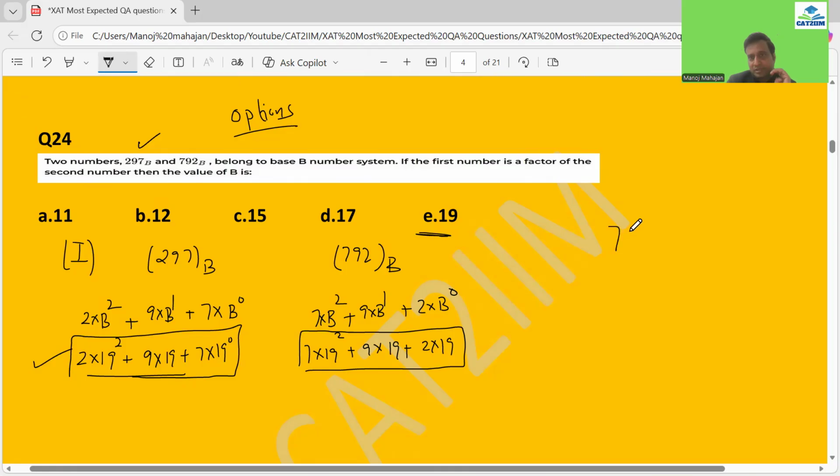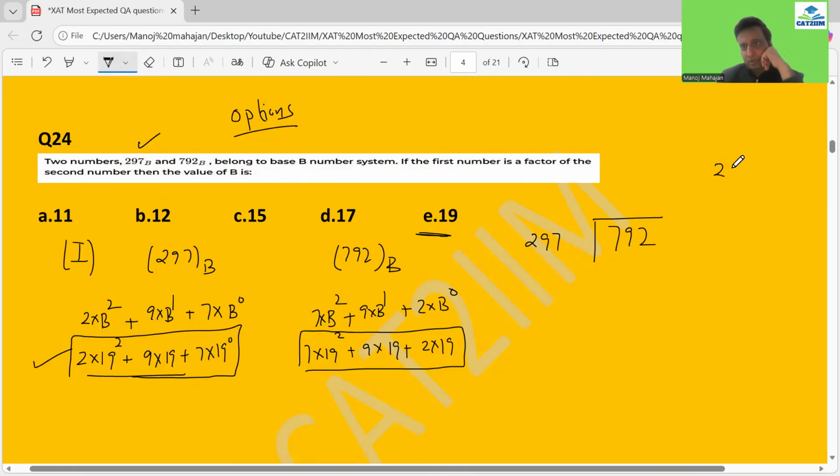Straight away, let's divide as you do the division in the base over here. So you have 297, right? So this is in base B, which we do not know. So let's say 297. If I look, how many times it will go: once, twice, thrice, no? So let's look at over here.